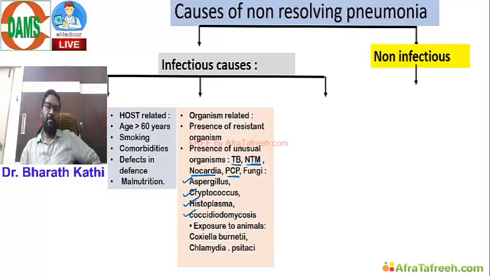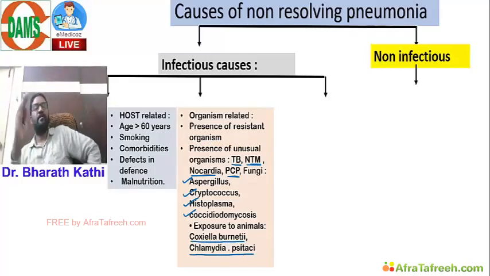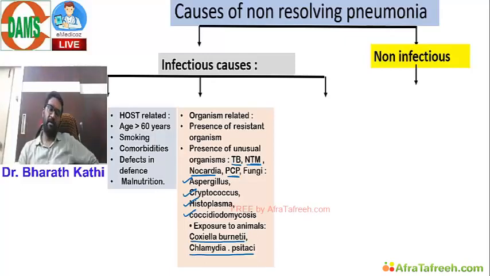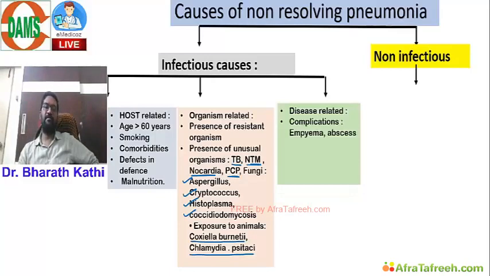Or animal related infections such as Coxiella burnetii, exposure to cats, exposure to birds, Chlamydia psittaci. So if these do not respond to conventional beta-lactams, think of Nocardia, Pneumocystis, fungus, and other rare animal related organisms like Chlamydia psittaci or Coxiella burnetii.